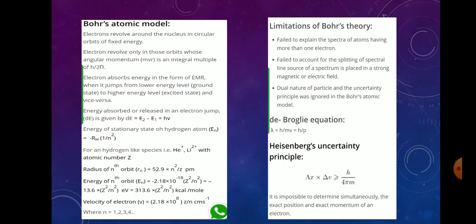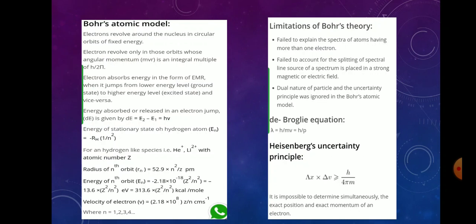Energy of the stationary state of the hydrogen atom, that is En, is equal to minus RH into 1 by n square. For a hydrogen-like species, that is He plus, Li2 plus, with atomic number Z: radius of the nth orbit rn is equal to 52.9 into n square divided by Z picometer.